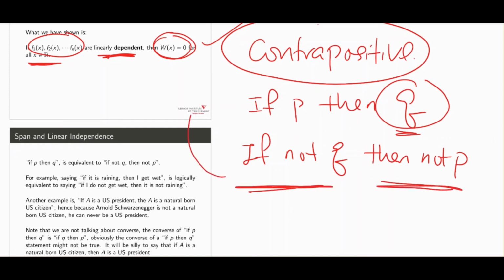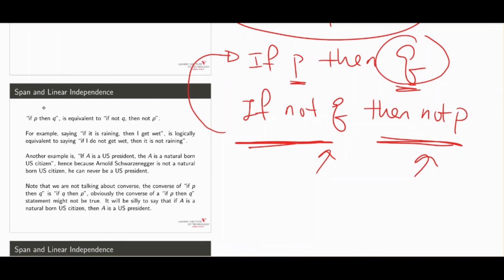This is known as the contrapositive of the statement. In logic, these two statements are equivalent. If P then Q is the same as saying if not Q then not P.